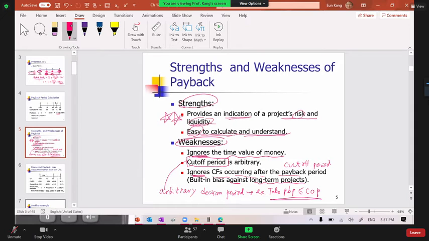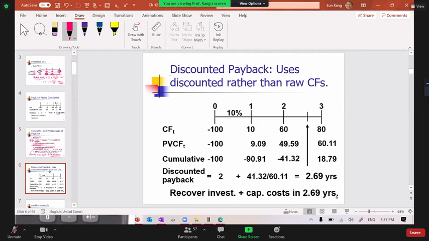Then we can improve this weakness, the time value of money, right? So the next topic is discounted payback. Rather than just raw numbers like 10, 60, 80, you use the present value of these cash flows, the discounted cash flows.